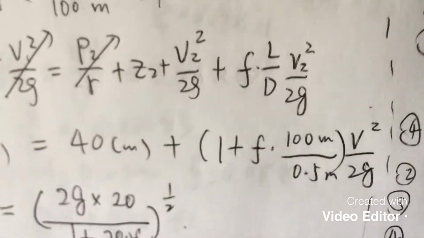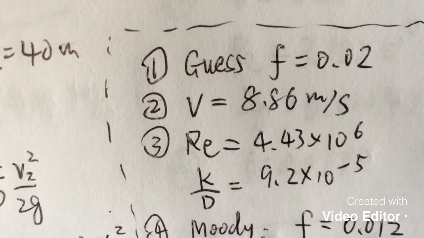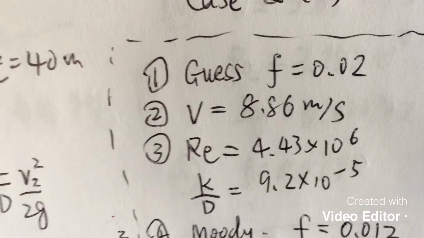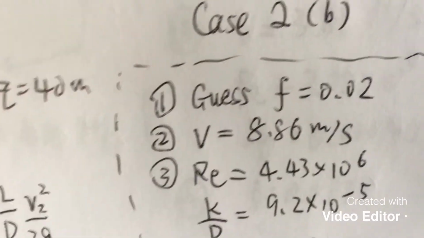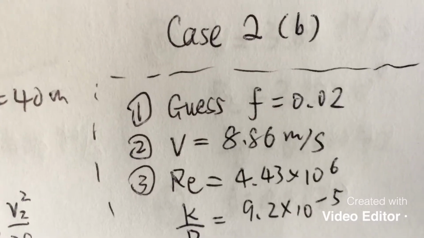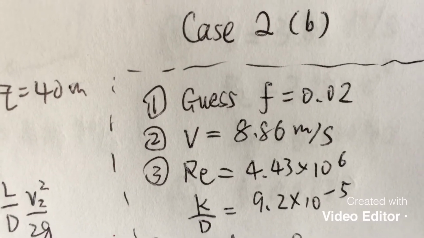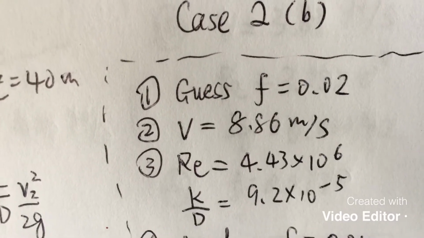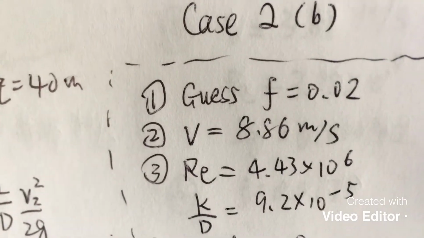Based on this equation, based on this guessed F value, you can calculate a velocity. Velocity based on F equal to 0.02 is 8.86 meter per second. Okay, now with the velocity, that's a little bit easier. With the velocity, now we can calculate the Reynolds number. We know the diameter, right? We know the viscosity, so we can calculate the Reynolds number.